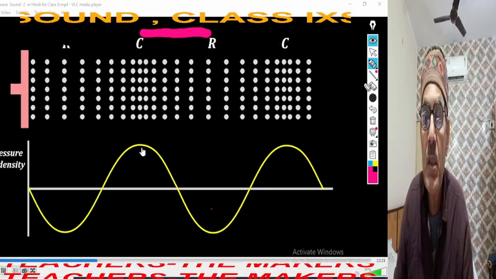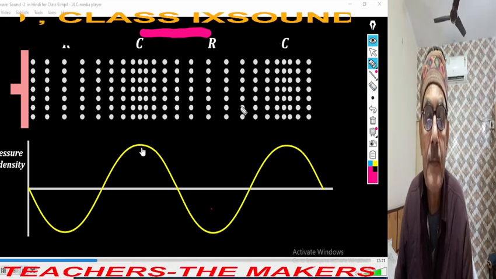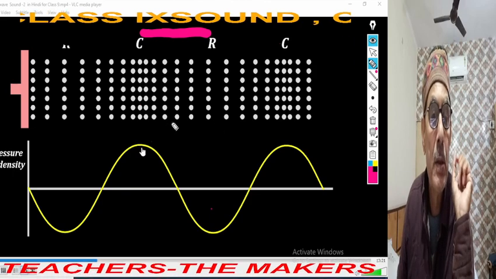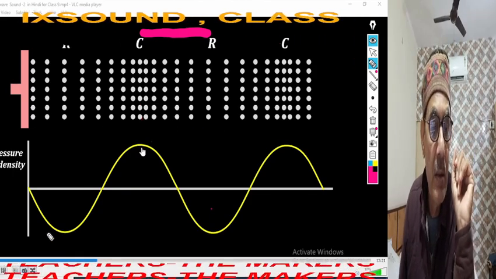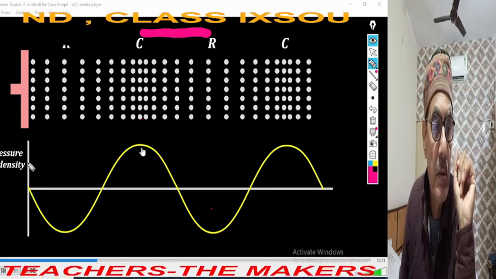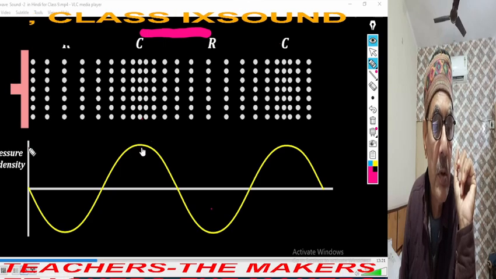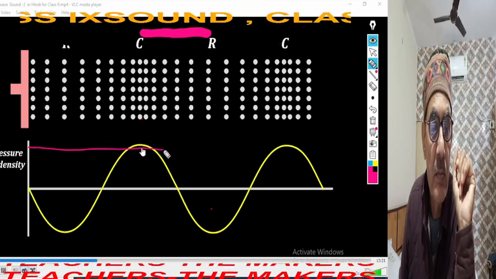This is the wavelength. Okay. Or the length of one trough and one crest. This is wavelength.